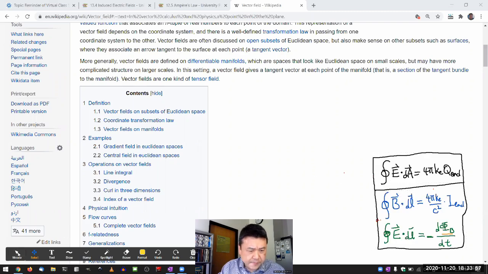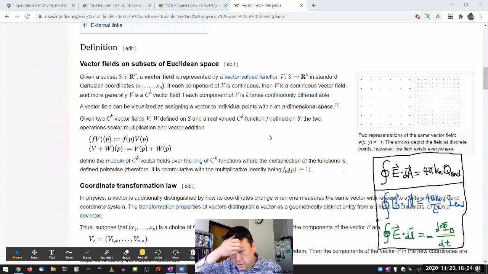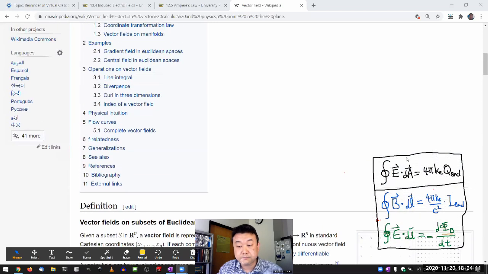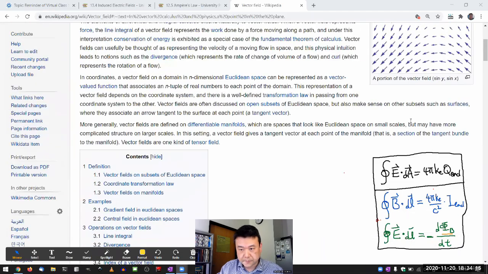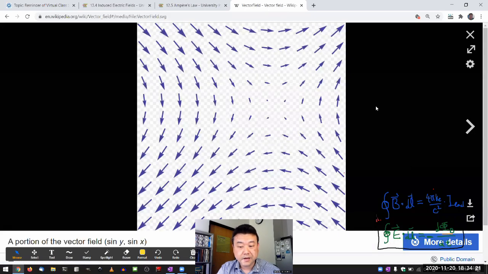When I was looking at this page a little before the virtual class session, I saw vector fields that I can tell you are indicative of a vector field produced by a source of this form. This page has a more generic vector field here, something like this.